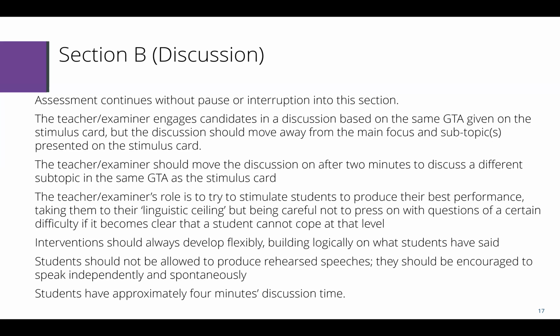So really, if you're thinking about the general topic areas that we had, which were there on page 13 of the specification, you would say, well, that's youth matters, and it's really to do with family relationships and friendships.